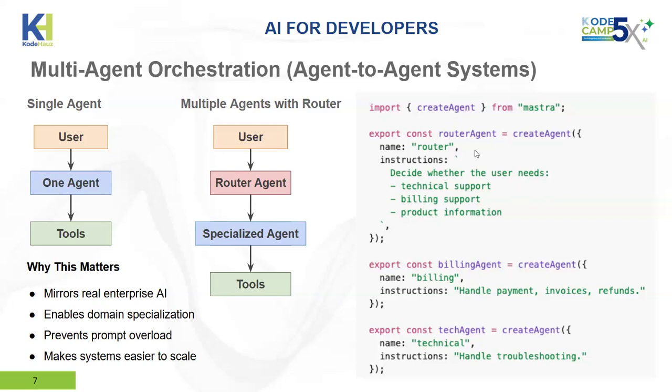This is a good example, where you see that you have a router agent, which is just a standard create agent, but its own system prompt or instruction is to decide which agent should take up the task. Then you still create other agents that are specialized.